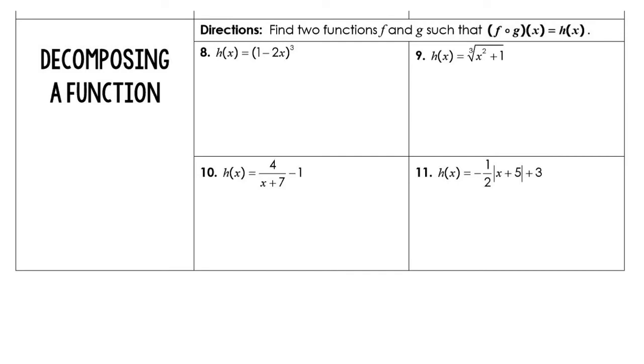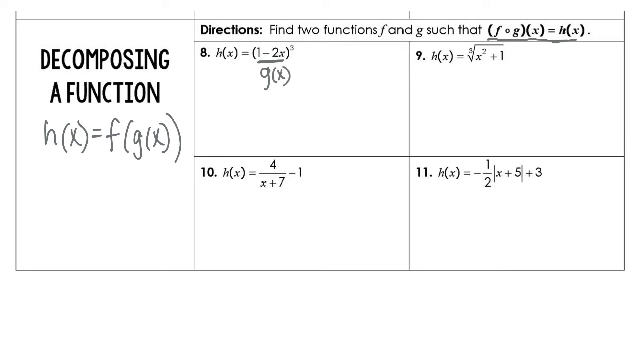Alright, so for our next part, we've got f of g at x is h of x, and it wants us to decompose this function. So I'm going to rewrite this because I think it would make it a little bit easier to see that that means f of g at x. And so the inside part here, that is your g at x.